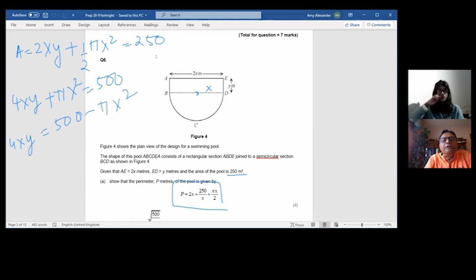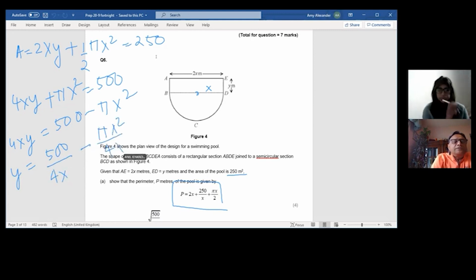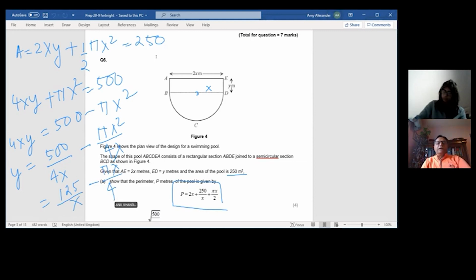Let's worry about the perimeter. We have to isolate y in any case. So we have y equals 500 over 4x minus pi x squared over 4x, correct? So 500 divided by 4x gives you 125 over x, minus pi x over 4, 1/4 of pi x. So you get this value of y, correct?